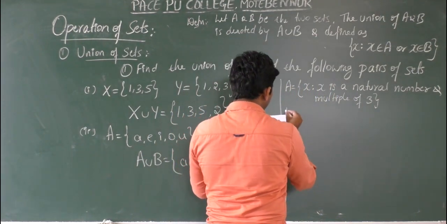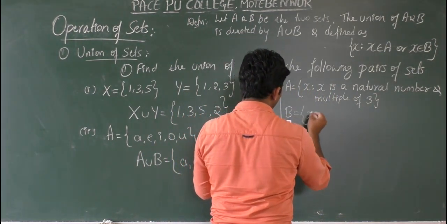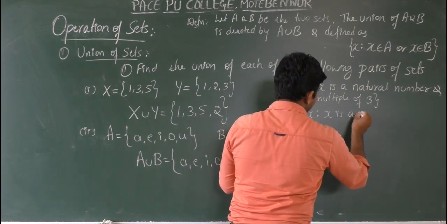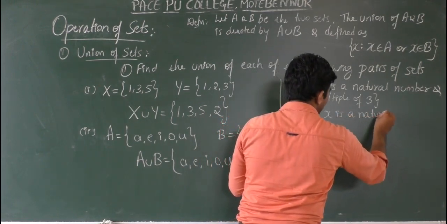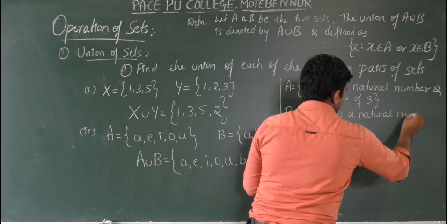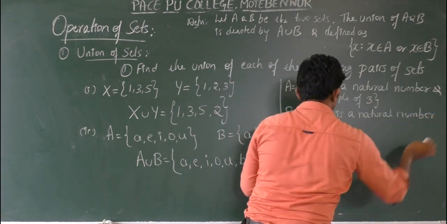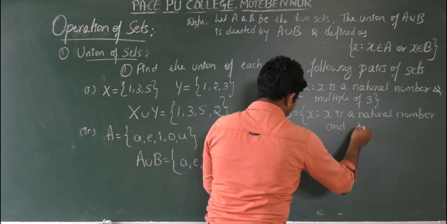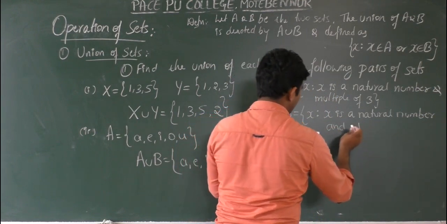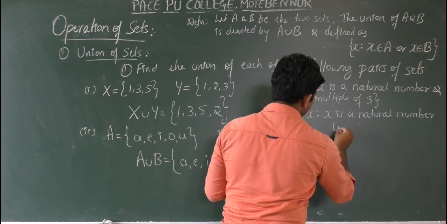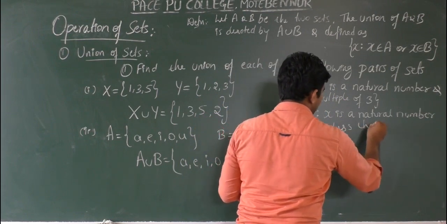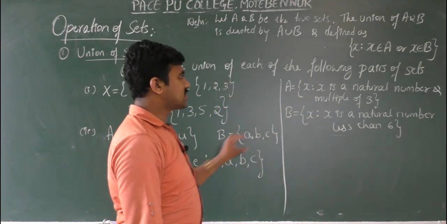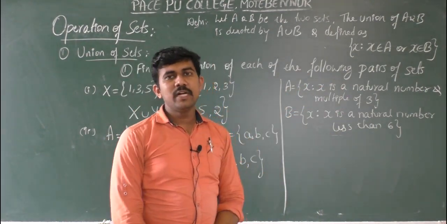Similarly, B is equal to the set of all X such that X is a natural number and X is a natural number less than 6. Okay, so they have given this in set builder form.